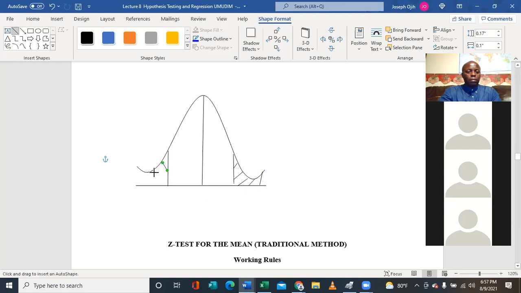Because it's two-sided, it can be on either side. We call it a two-tailed test.